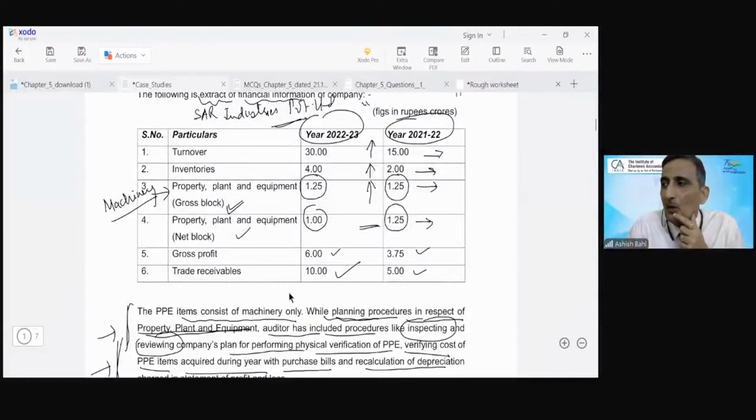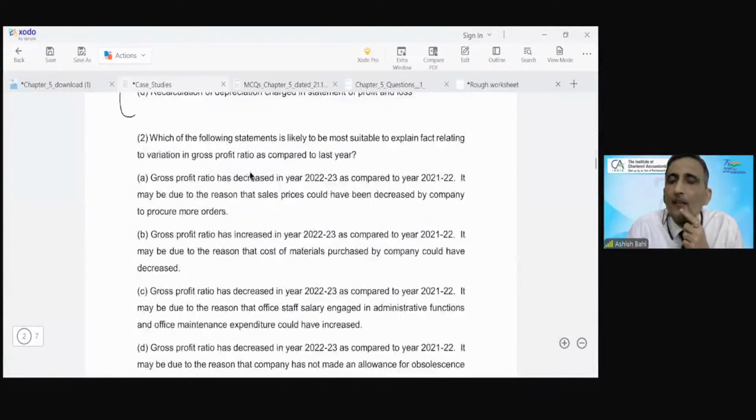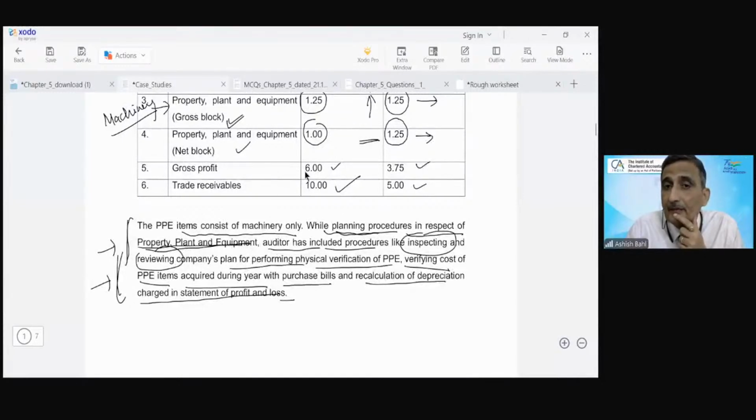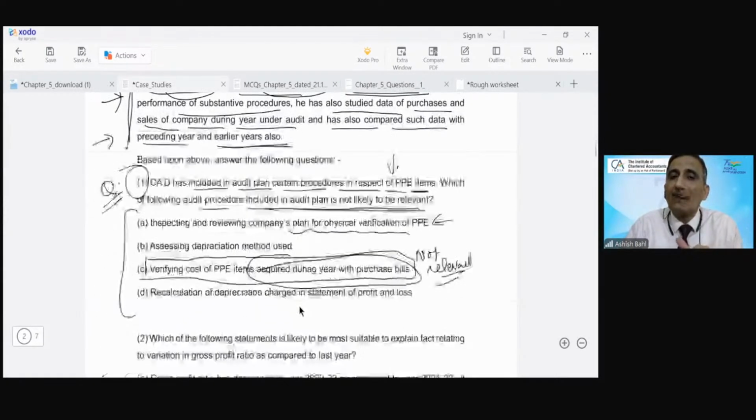Question number 2 relates to gross profit ratio. Gross profit is given as 6 crores and 3.75 crores. In year 21-22 gross profit was 3.75 crores and in year 22-23 gross profit is 6 crores. What does the question say?